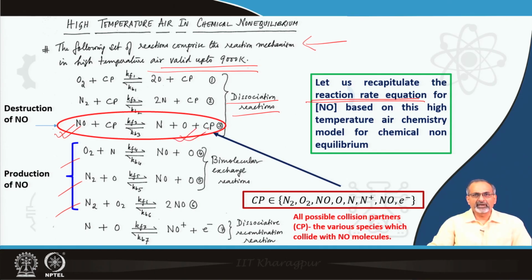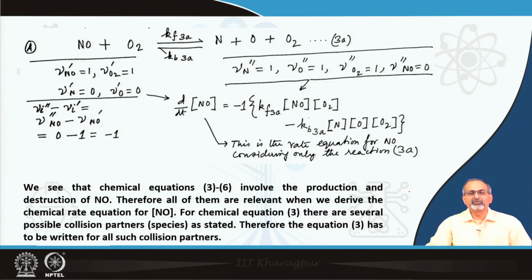That is the destruction of NO into its atomic elements, while there are 3 equations where we see the production of NO, and the possible collision partners are mentioned over here. There could be N2, O2, NO, O, N plus NO and e minus as possible collision partners, and with these collision partners you can think about devising the different equations which will emerge.